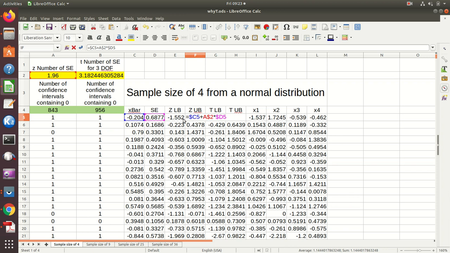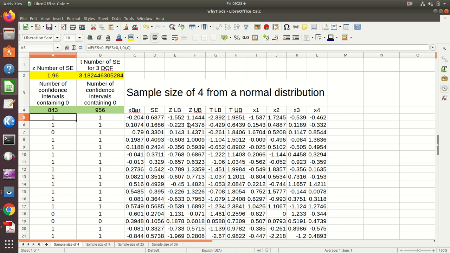Okay, so I did my mean minus about 2 times the standard error, and then my mean plus about 2 times the standard error. Then I checked over here, did this interval contain 0, because 0 is the real mean, and it did, so I put a 1.